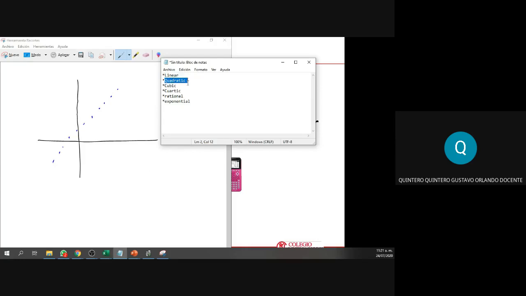Write down the word quadratic if you think a quadratic function is the best fit. The cubic, write down the word exponential, for example, if you think an exponential function is the best fit. And don't get scared, right? I know it could be scary, but don't get scared. I'm not gonna read the answers, all right?